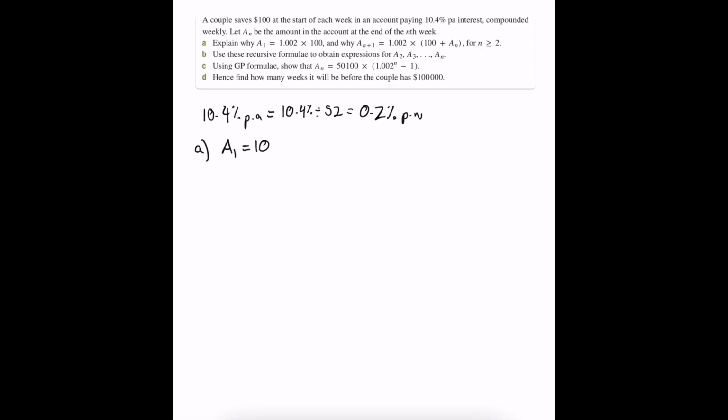So it is the $100 deposit that they make times 1 plus 0.2% per week interest to the power of 1 week. And so this essentially just equates to 1.002, which is just this, multiplied by 100.